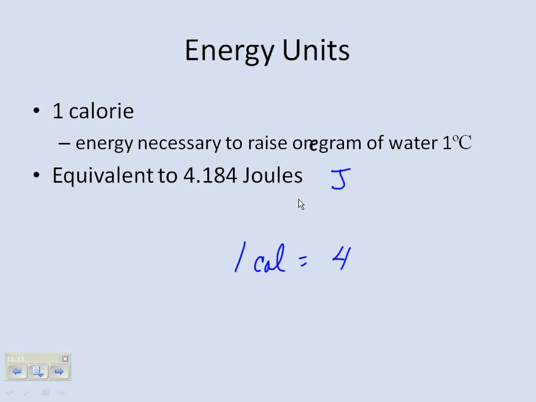Now, when you eat something, let's say you have something that has 200 calories in it, if you look at the labeling, that's a capital C. And a capital C is equal to kilocalories, which means that's 10 to the third.